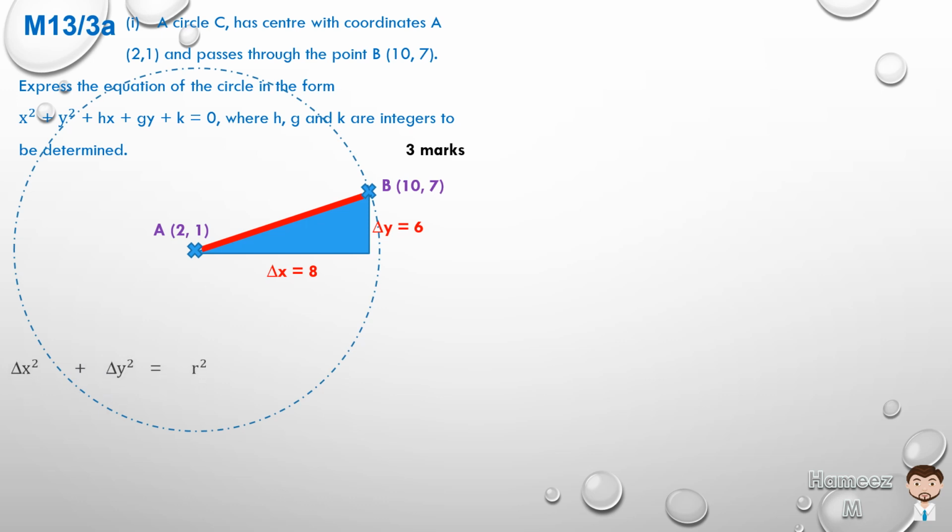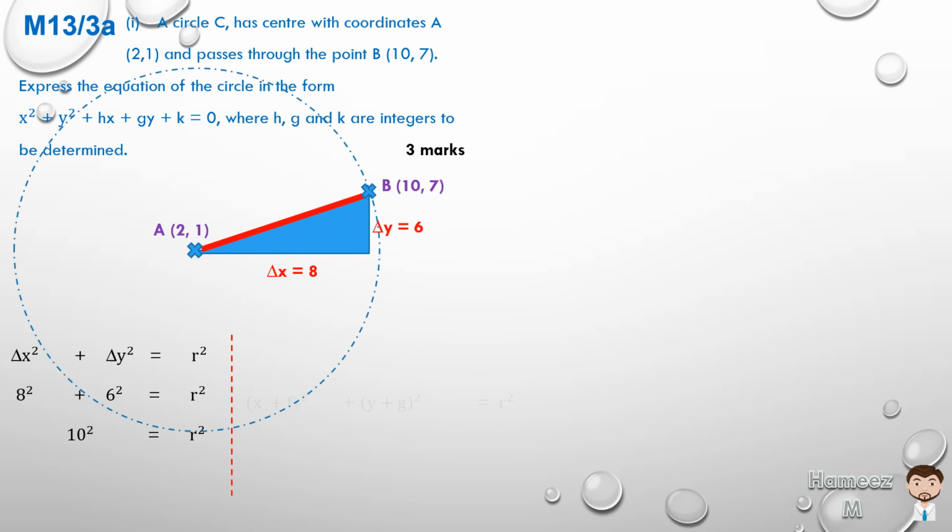If we're using Pythagoras' theorem, delta x squared plus delta y squared is equal to r squared, the length of the hypotenuse. So we can substitute and we get 8 squared plus 6 squared is equal to r squared. 8 squared is 64 plus 6 squared is 36. 64 and 36 is 100. So we can say 10 squared or 100 is equal to r squared. So we found the radius of the circle to be 10.